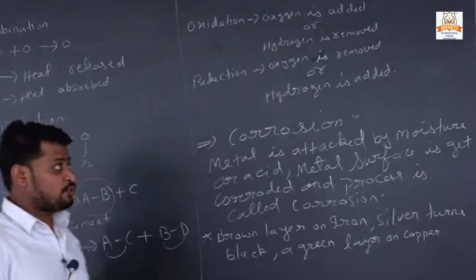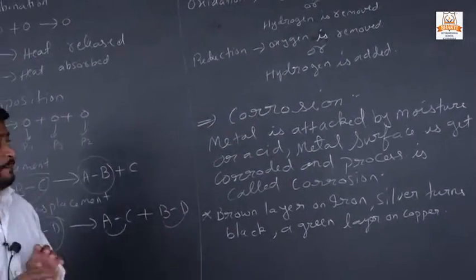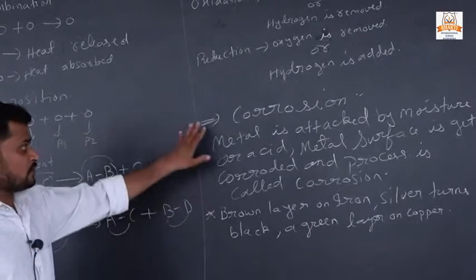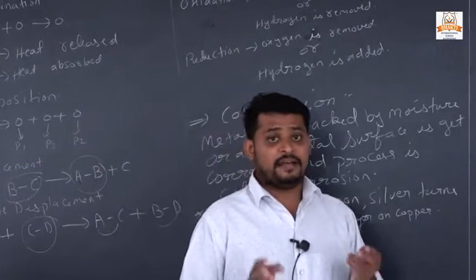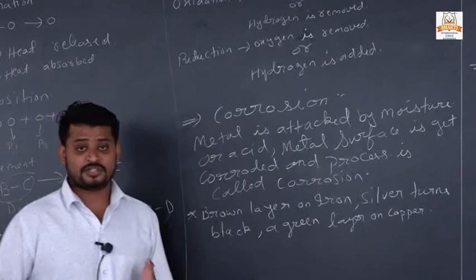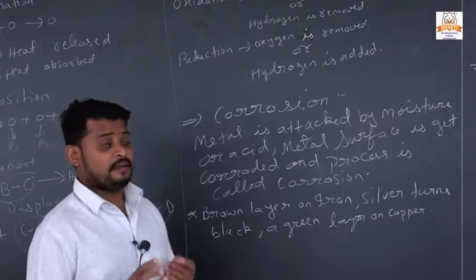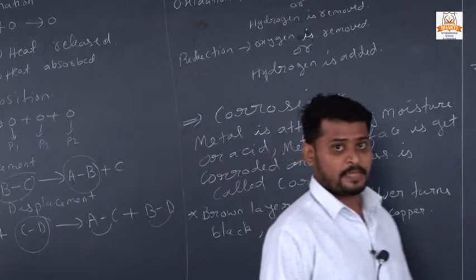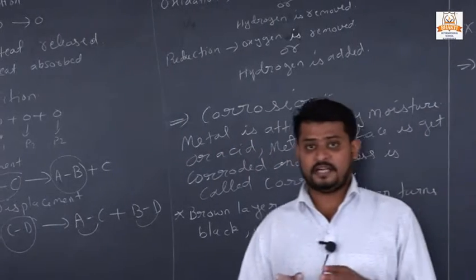Now our last two topics, corrosion and rancidity, and this chapter will be over. So we will discuss what is corrosion. When metal is attacked by moisture or acid, the metal is corroded, that is called corrosion. I will give you some examples.